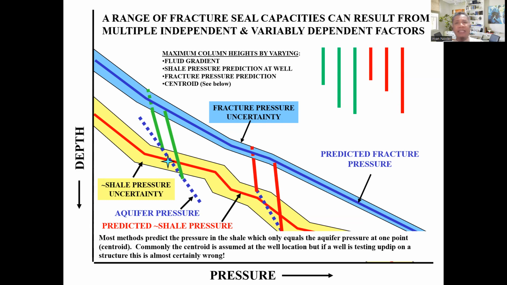In the context of predicting fracture pressure, most methods estimate the pressure in shale aligned with pressure in the aquifer at a single point, known as the centroid. However, it is commonly assumed that the centroid is located at the well position, which again may be incorrect. This highlights the importance of considering the correct location of the centroid when assessing the fracture pressure prediction.